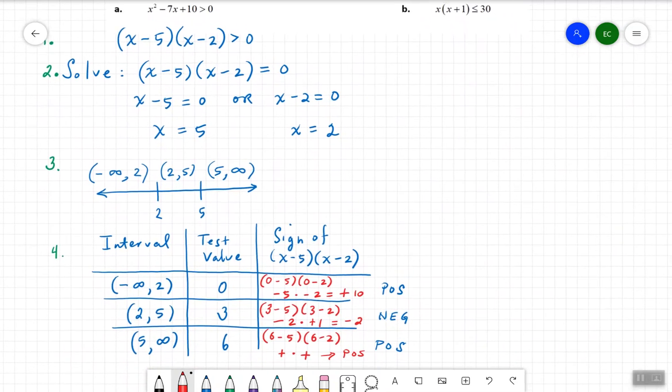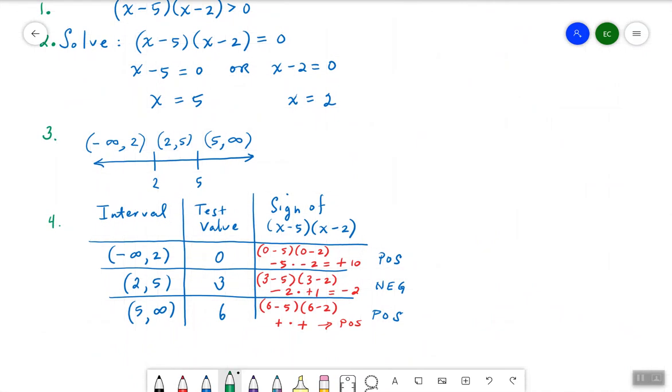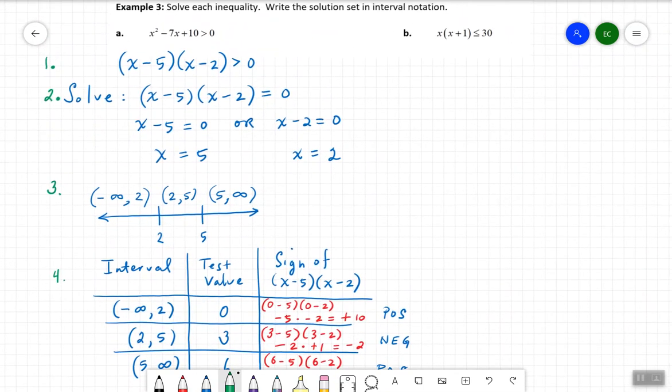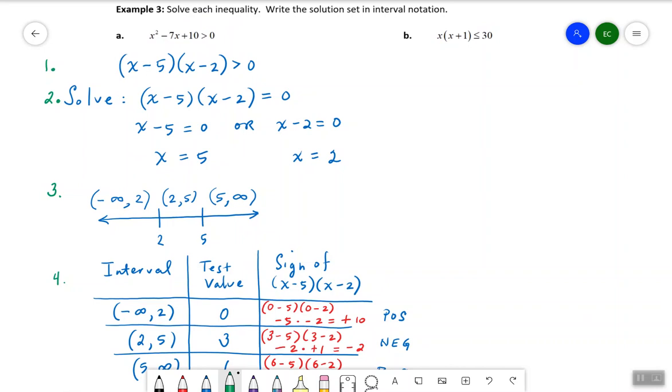We're going to state the solution set. Let's actually look back here one more time. When we look at this quadratic inequality, what it's asking for is when is the product x minus 5 times x minus 2 positive, right?